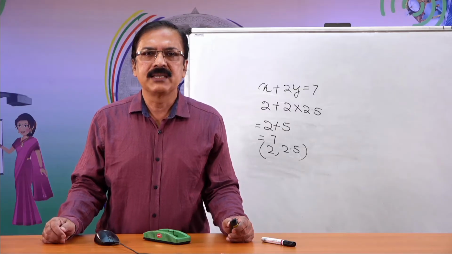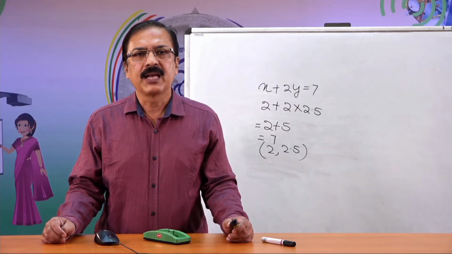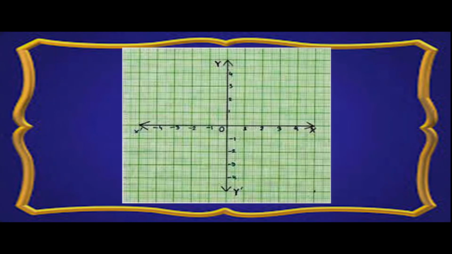Now let's see, this is the graph. In this graph, we have taken the scale as 1 centimeter as 1 unit. The first point is 1, 2. That means when x is 1, y is 2.